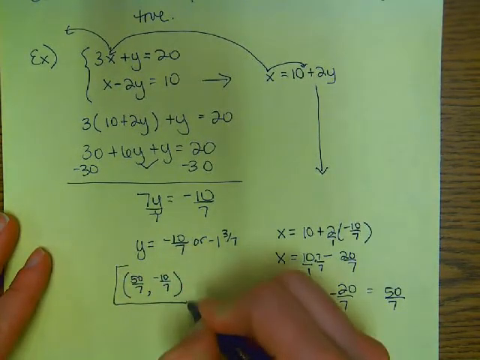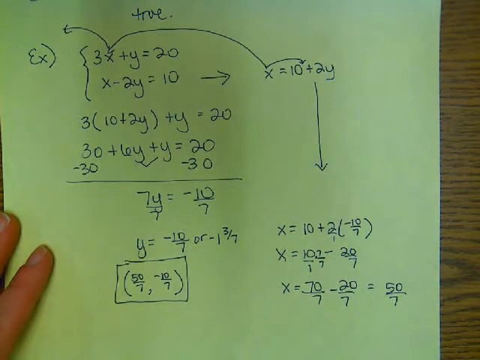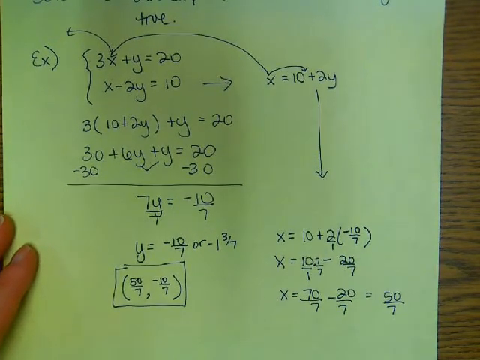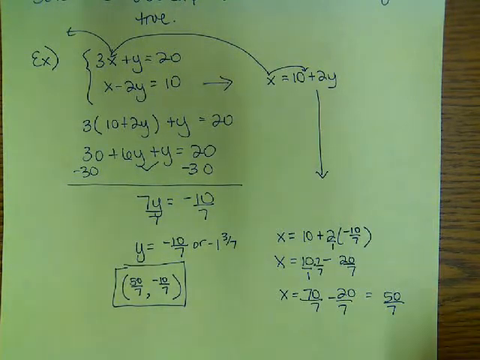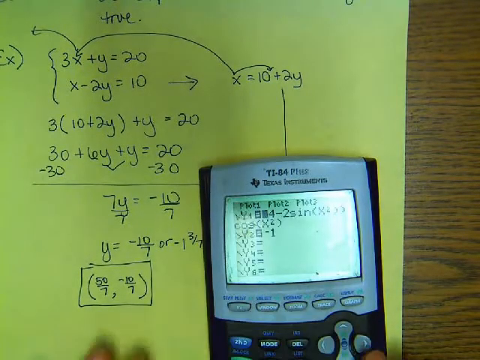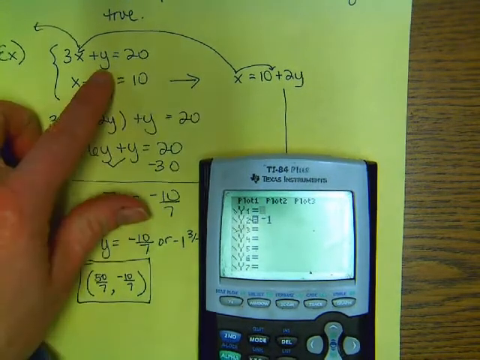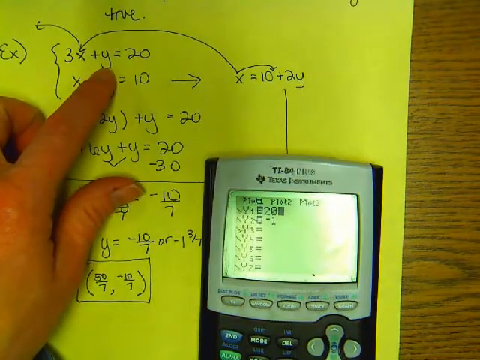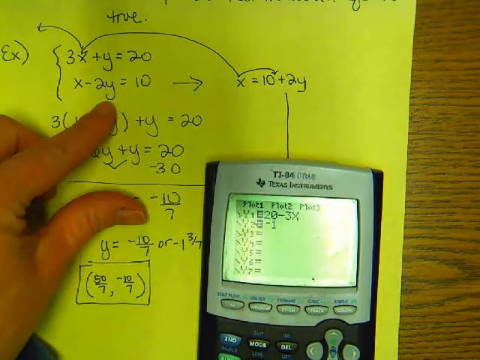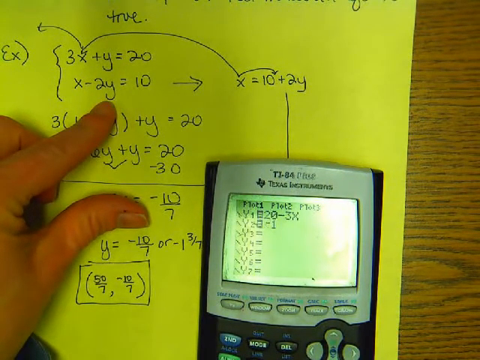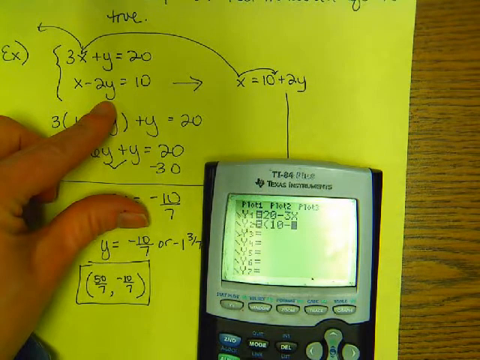Just so you're seeing graphically what this looks like, if I would rewrite this as 20 minus 3x, and this would be 10 minus x divided by negative 2.